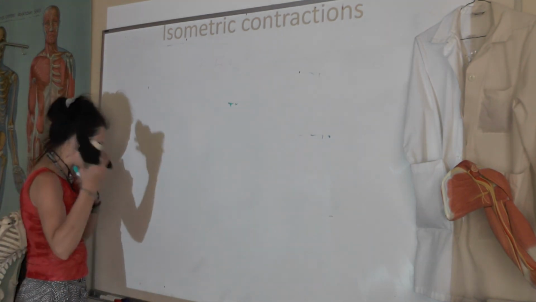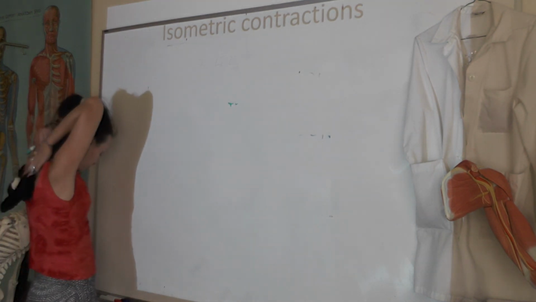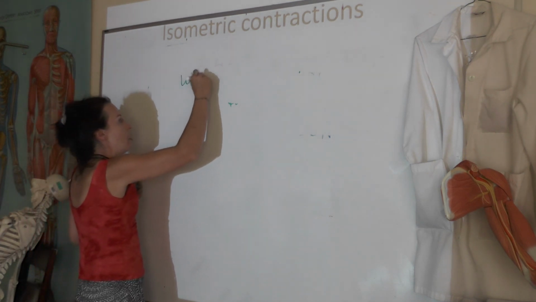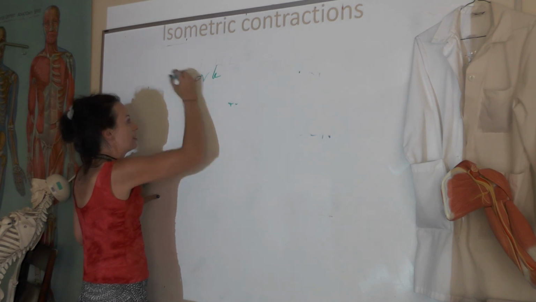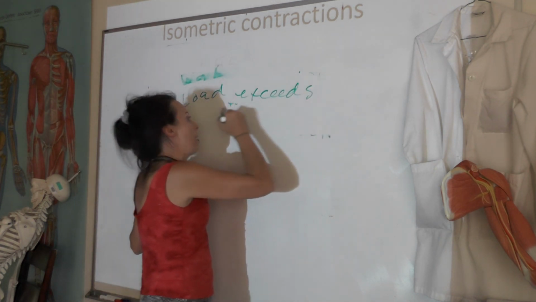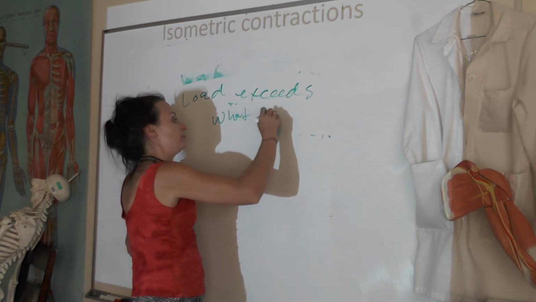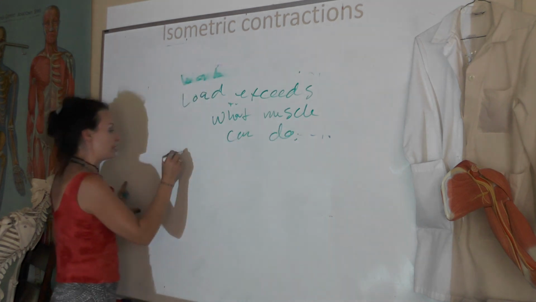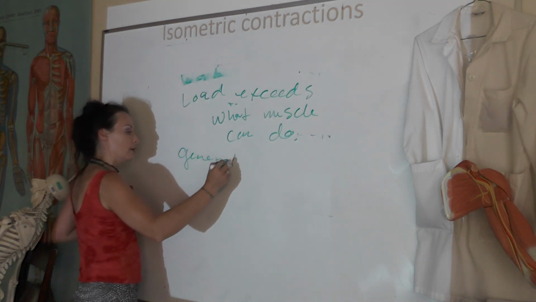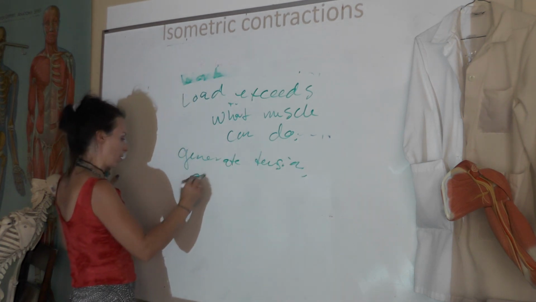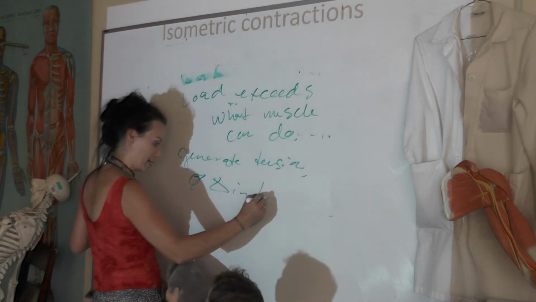So what we could say in the isometric contraction is that the load exceeds what the muscle can do. So you'll generate tension, but you have no change in length.